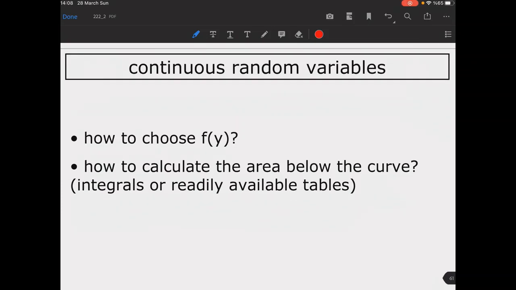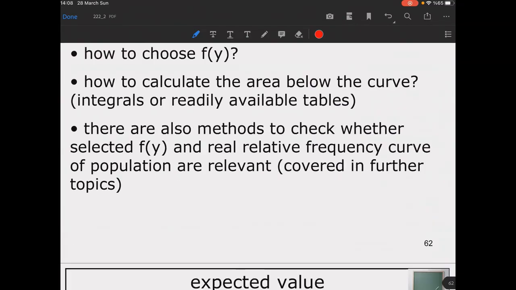You can rely on the integrals, or you can also use the readily available tables for this purpose. So these are your options.